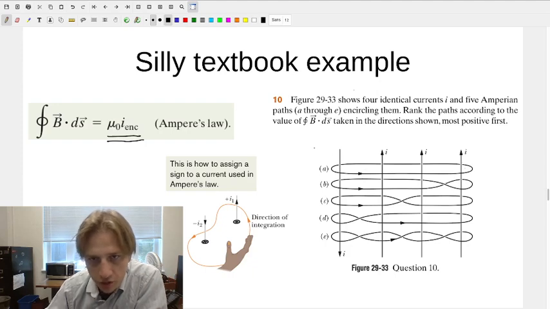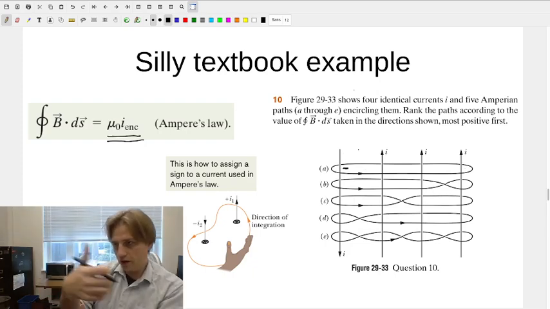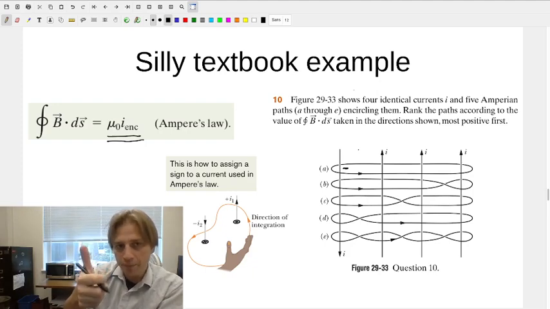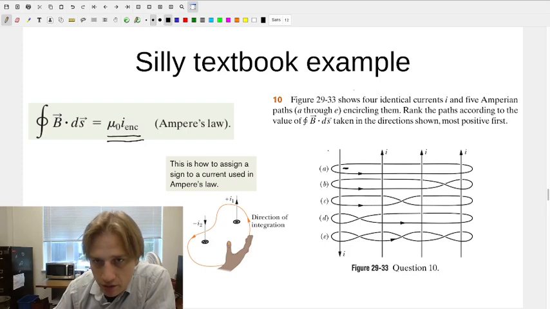So let's just look at how to do this: mu naught times I enclosed. For this first case, if you do your loop around like this, pointing up would be the positive direction for a current. So this current going down would count as a negative current.